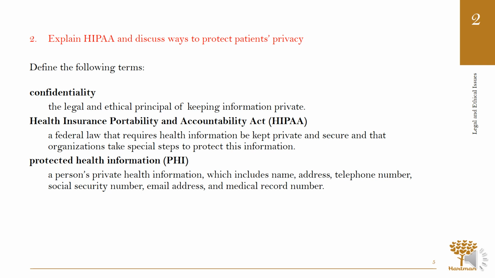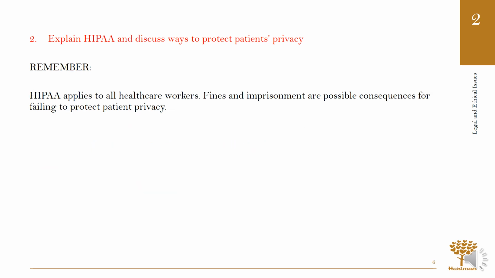They must make sure they protect the information so that it does not become known or used by anyone else. This must be kept confidential. Remember, HIPAA applies to all healthcare workers. Fines and imprisonment are possible consequences for failing to protect patient privacy.